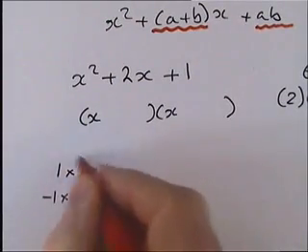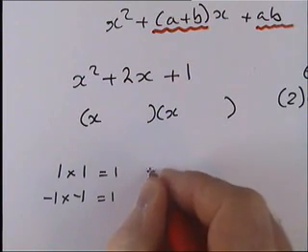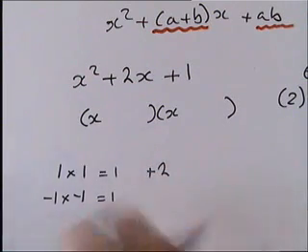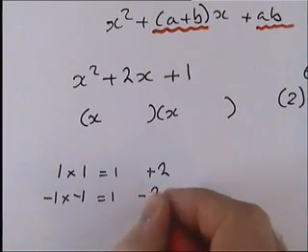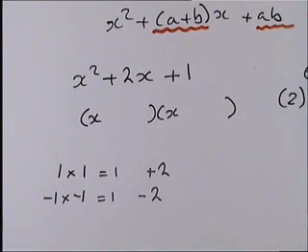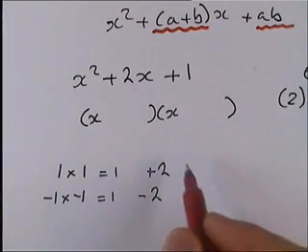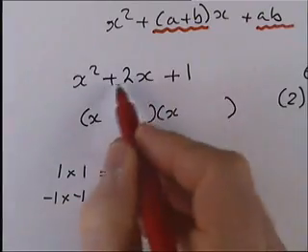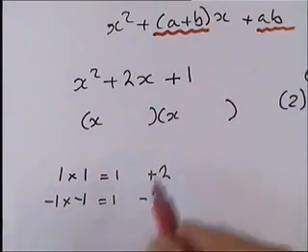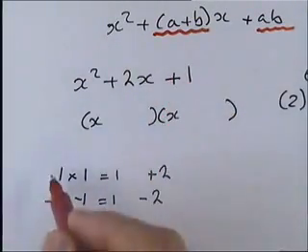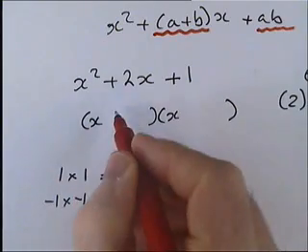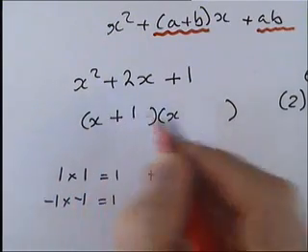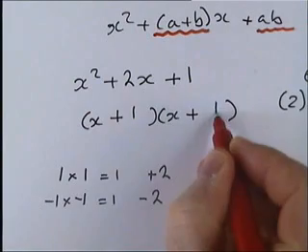Now this pair adds together to make plus 2, and this pair adds together to make negative 2. So the pair that adds to make plus 2 and multiplies to make 1 are this pair. So it's going to be x plus 1, x plus 1.